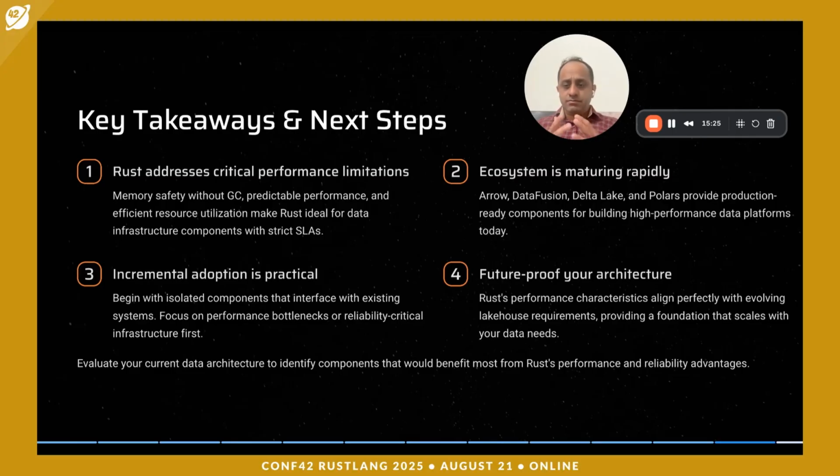For organizations, I recommend you begin with isolated components analysis and see which interfaces can be replaced or enhanced or optimized using Rust. Focus on the bottlenecks first and then scale to the other components as well. So you can really use Rust's performance characteristics for building modern lakehouse data platforms and future-proofing your architecture.